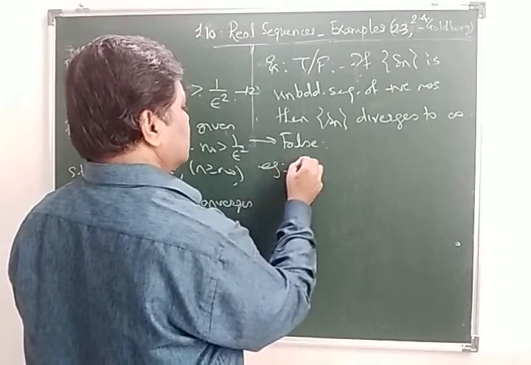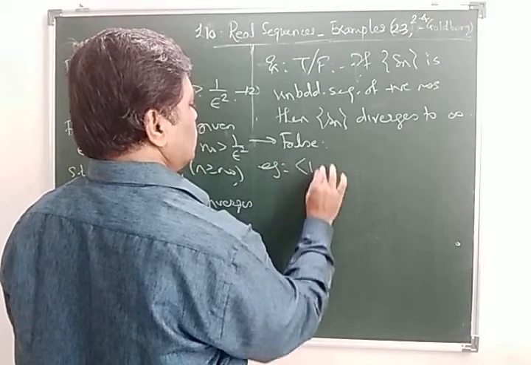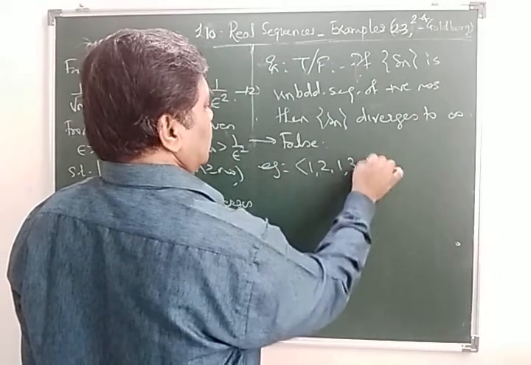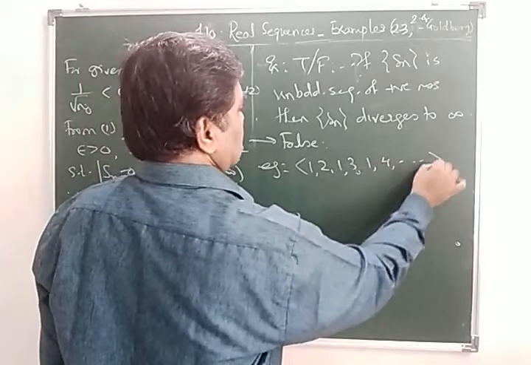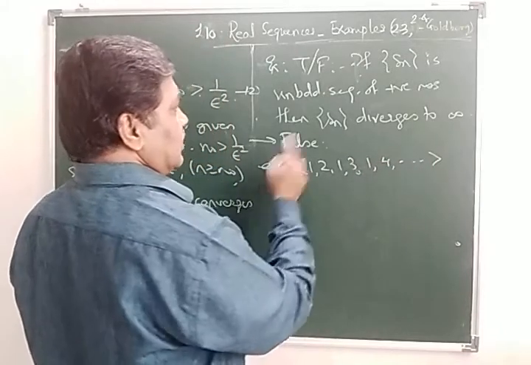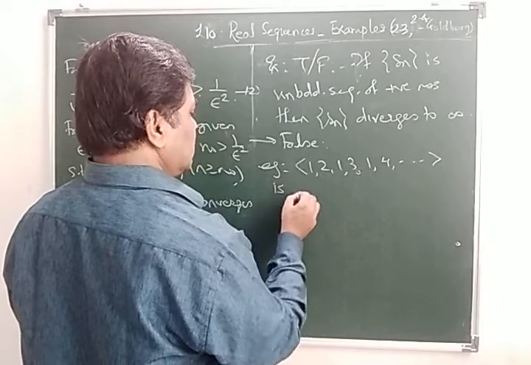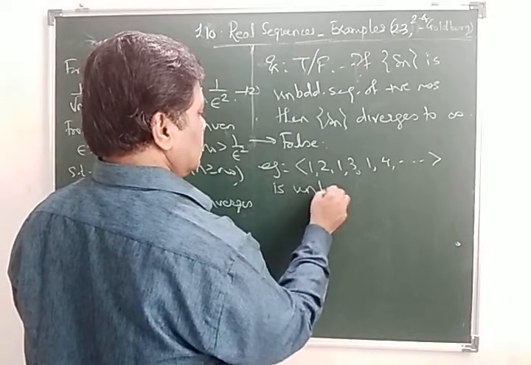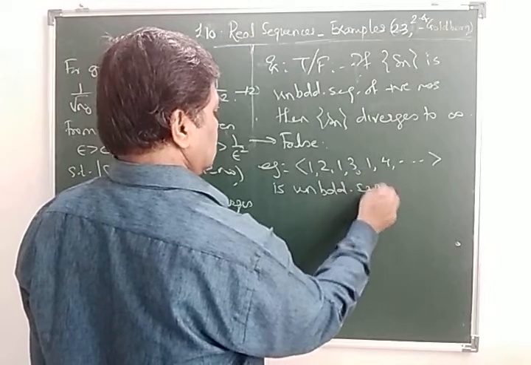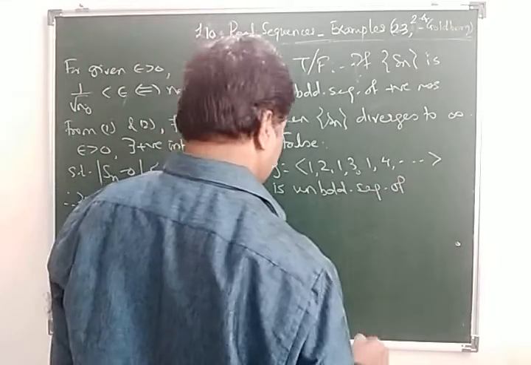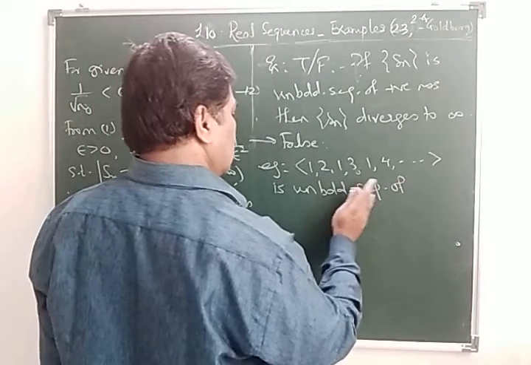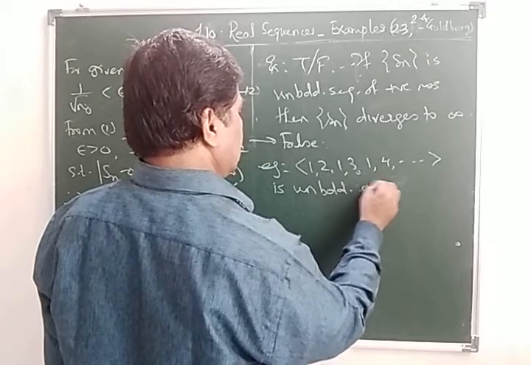Example: if I take 1, 2, 1, 3, 1, 4 and so on, this is an unbounded, oscillatory sequence of positive numbers.